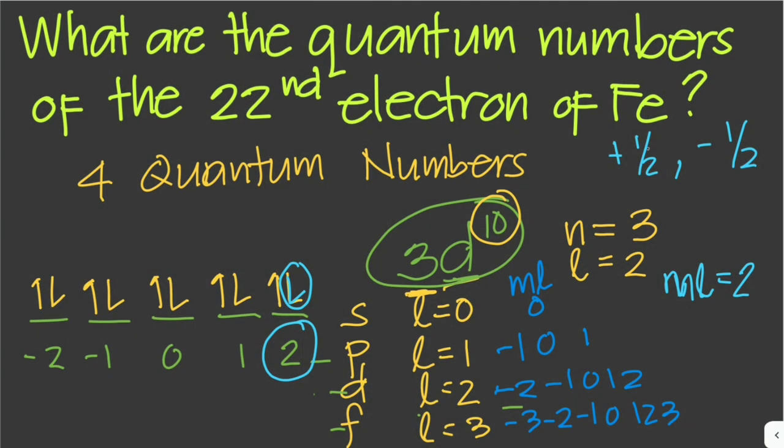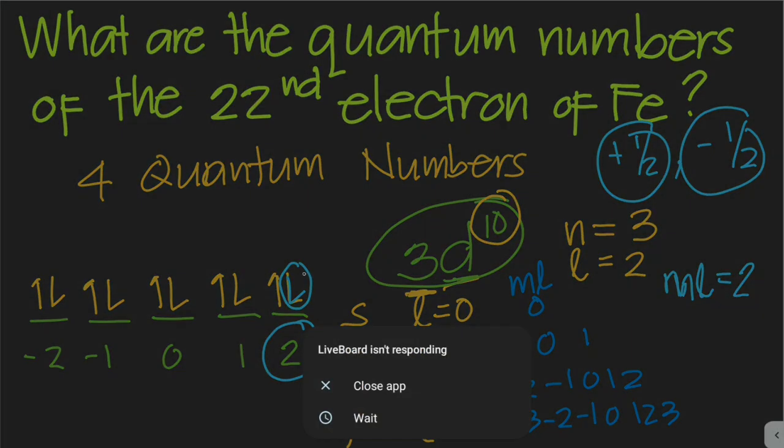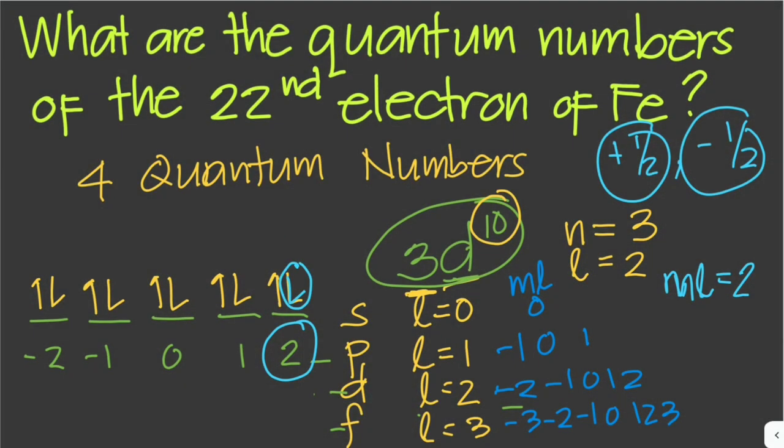If it is facing upwards, then it is positive. If it is facing downwards, then it's negative. Since the last arrow that we filled in, or the last electron, is facing downwards, the value of the electron spin is equal to negative 1/2.